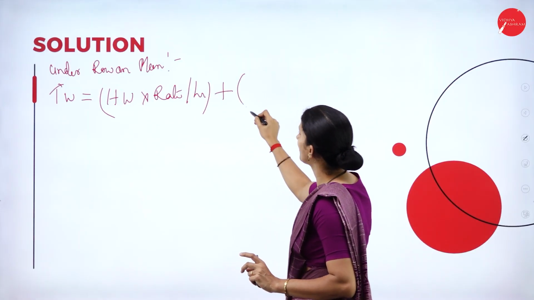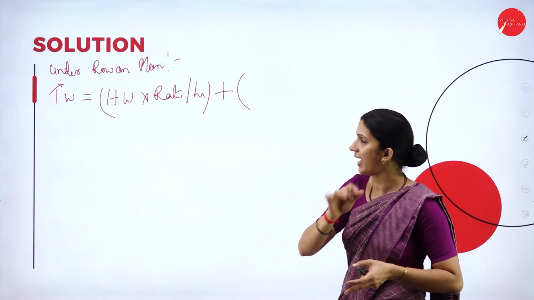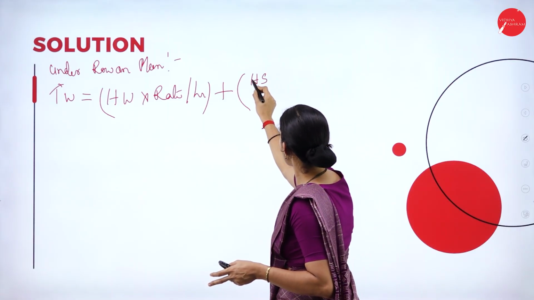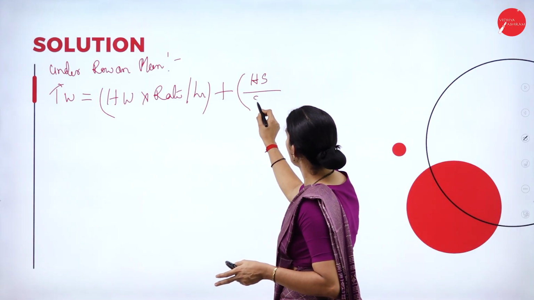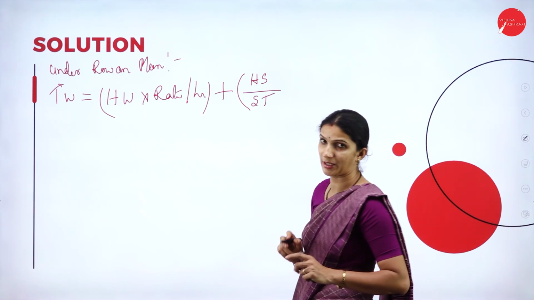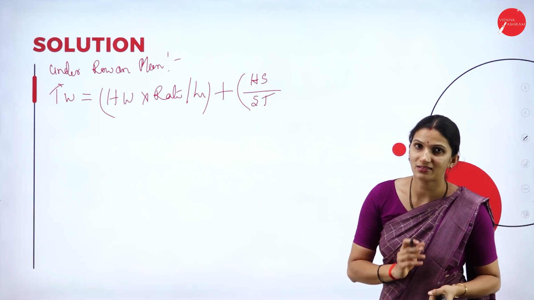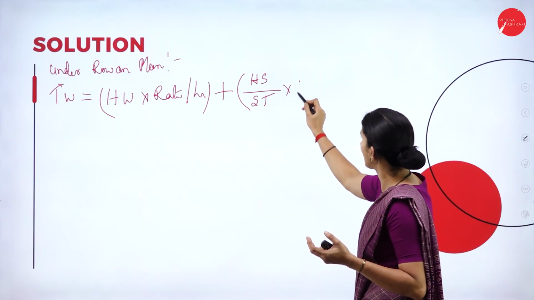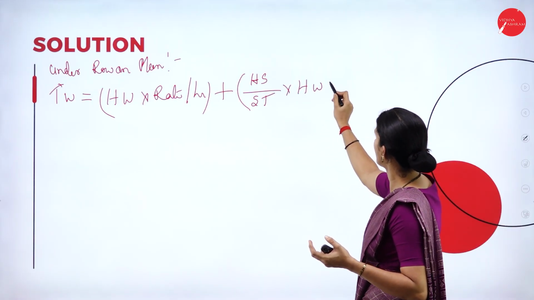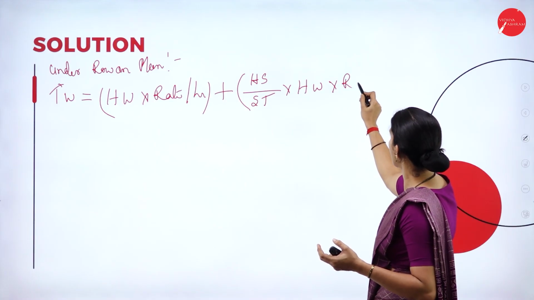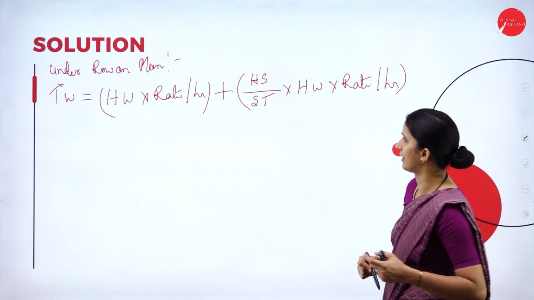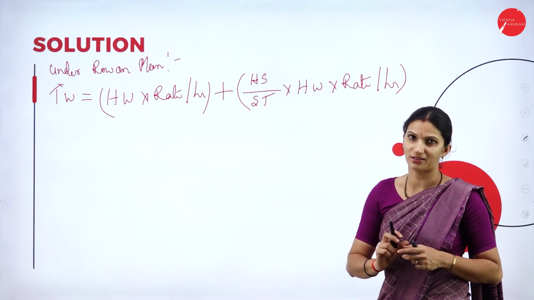Plus you will give the bonus, which we will calculate on hours saved divided by standard time. So here the bonus is calculated on the proportion of hours saved to standard time into hours worked into rate per hour. So this is the bonus calculation here.